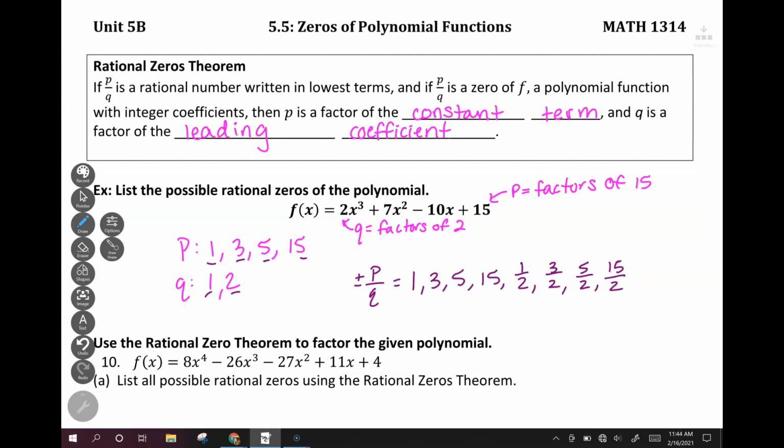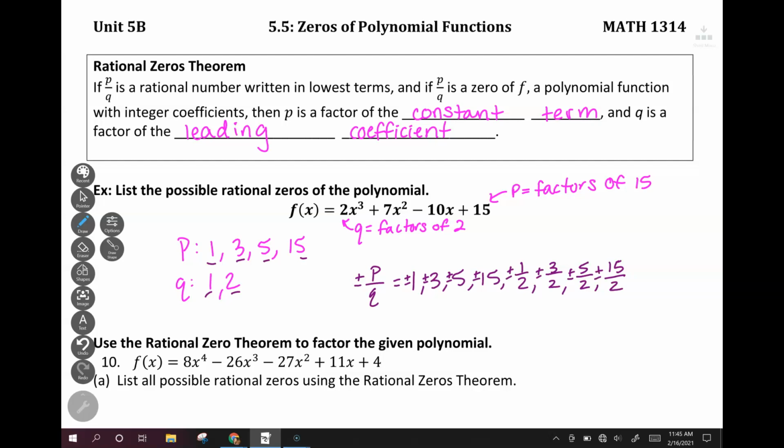Now you might have some that repeat later on, and if they do repeat, you don't need to write them twice. Like if the fraction reduces to another fraction that you already have written, you don't need to repeat that. Now any of these can be positive or negative. So positive or negative 1, positive or negative 3, positive or negative 5, and so on.